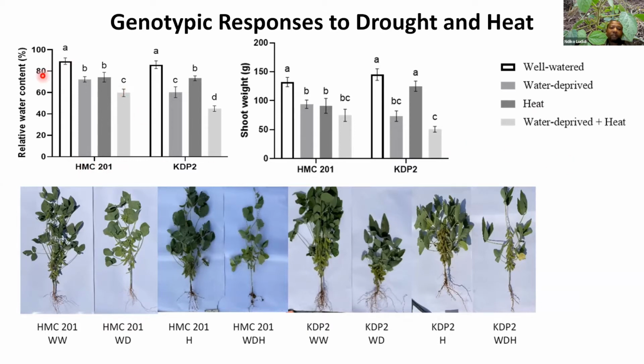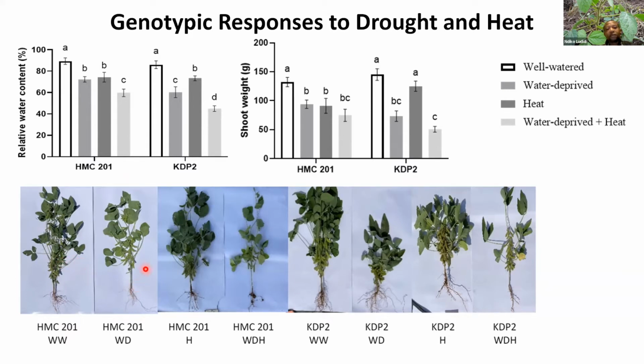Just by looking at the images at the bottom, one can tell that this genotype has a lot of foliage under these optimal, well-watered conditions, and the plant is growing really nicely. There are lots of pods on this plant. It's one of the accessions that produces quite a lot of pods, in the range of the 90s.